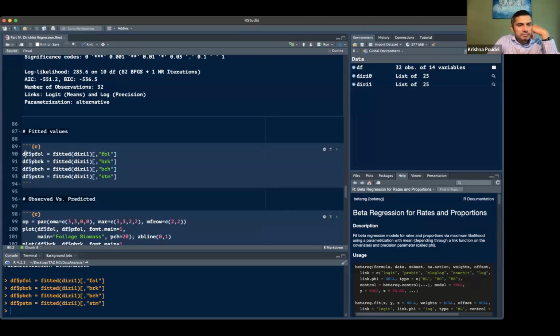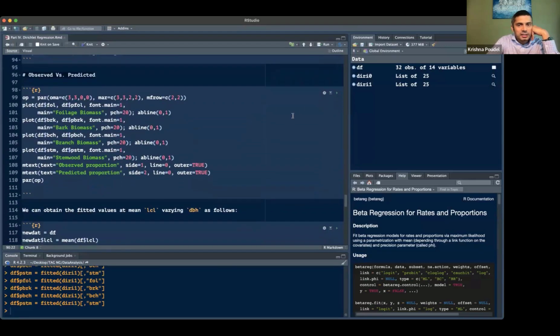Here I'm creating P-foliage, predicted foliage, using the fitted values from the Dirichlet regression, which I named Diri1. Because it is foliage, we select the foliage component. Then we do the same thing for bark, branch, and stem wood. And now we can create a plot.